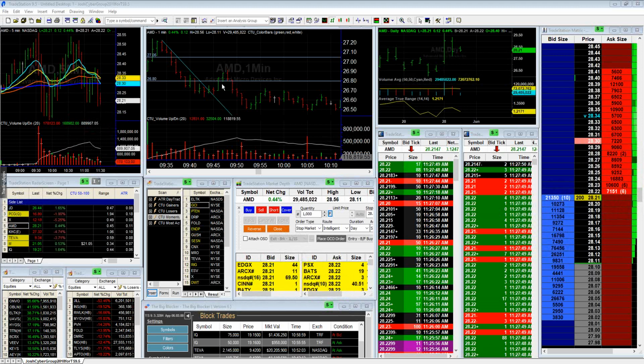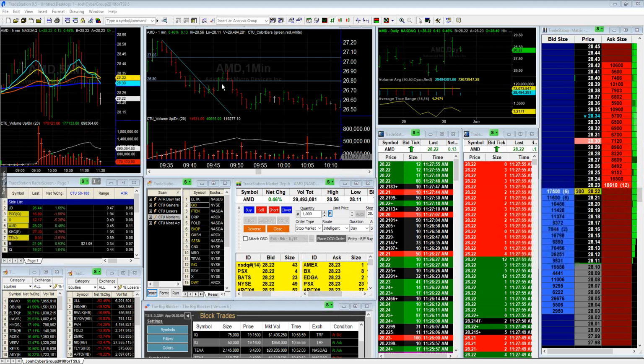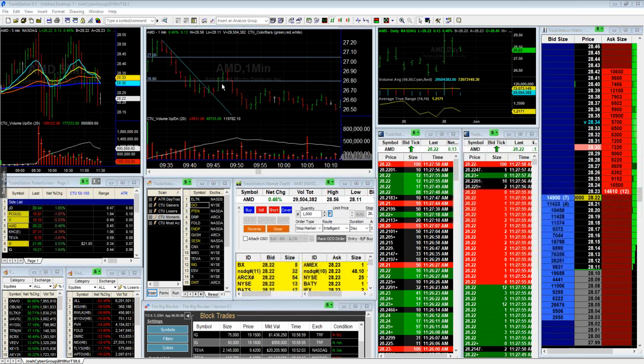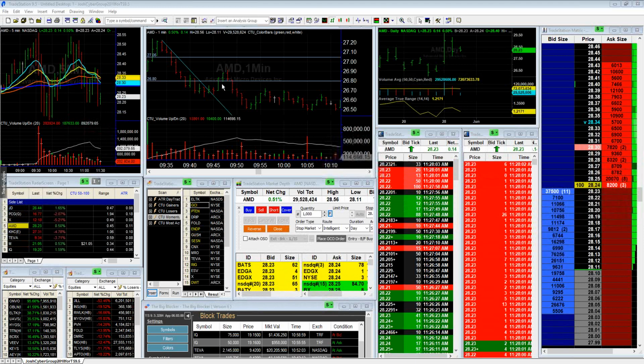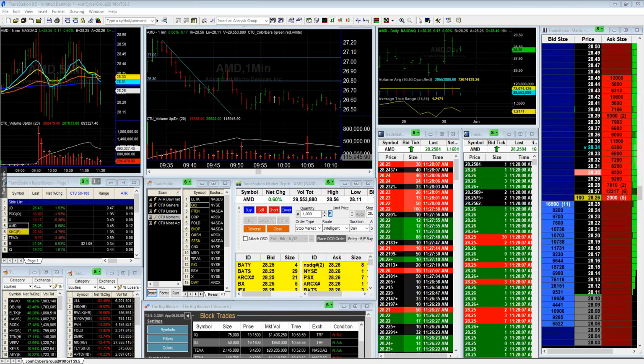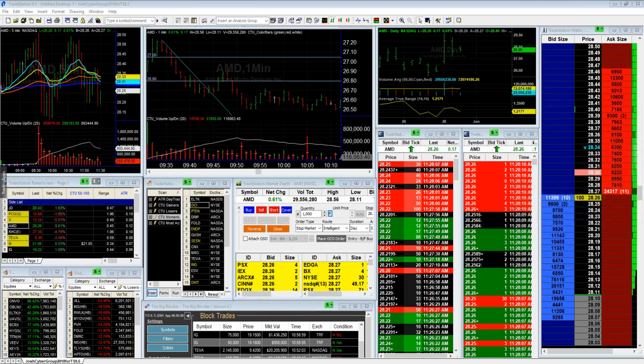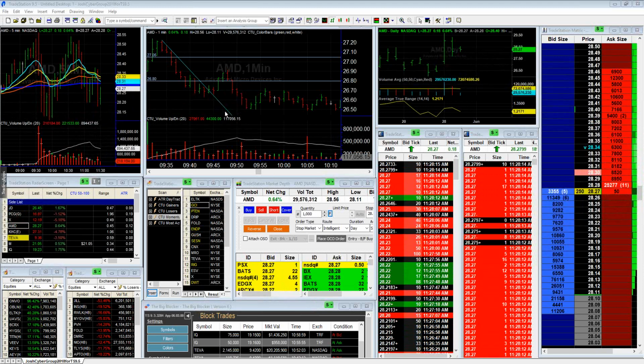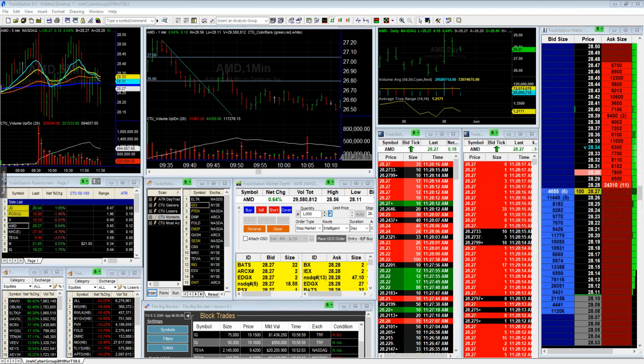Doesn't mean that it's a given that it's going to make a move back up to 27. But at least you could qualify yourself to take a position at that time. You still need to see volume on time and sales. You still need to see more volume growing on the bid, etc. So that's what I tend to focus on as far as when the current trend of the stock breaks.